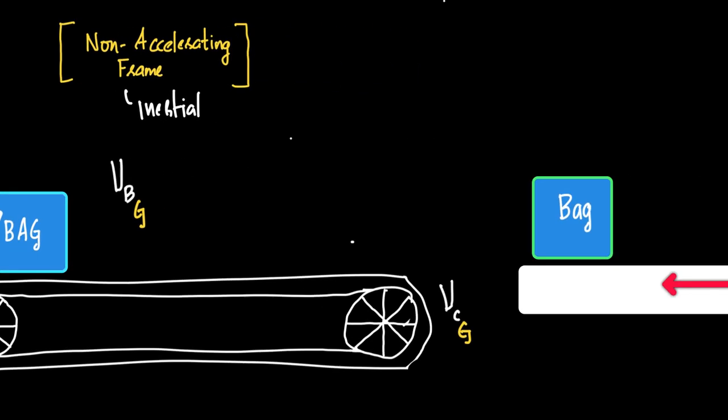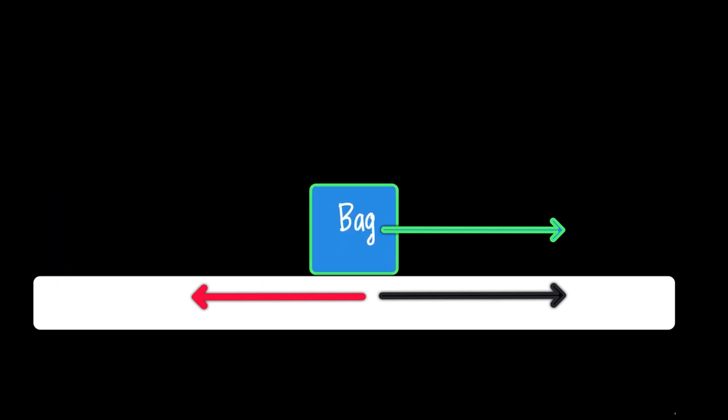Now let us see some points here. This bag is moving in this direction, right? It is dropped, it slowly comes in contact with the conveyor. There is some inertia here, and then it will slowly move like this.